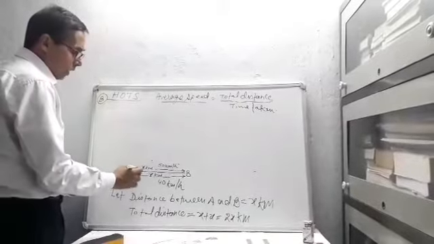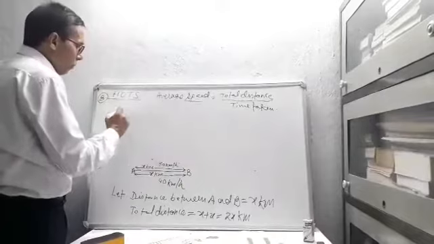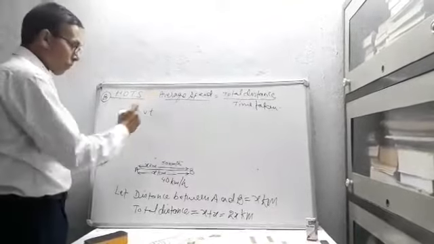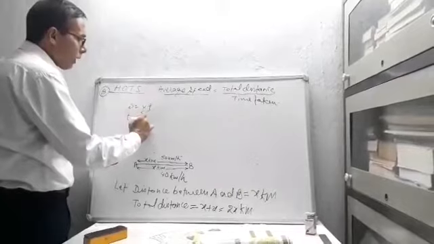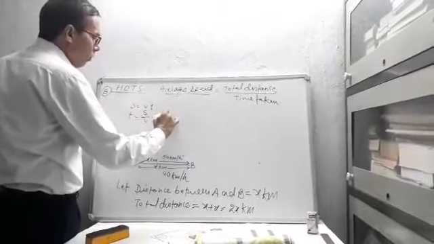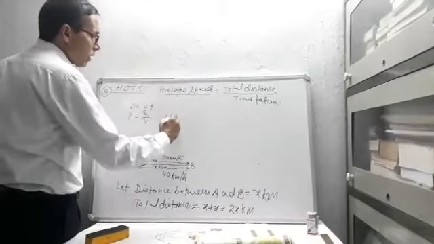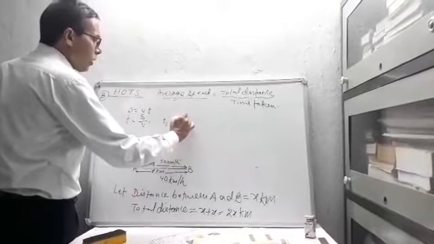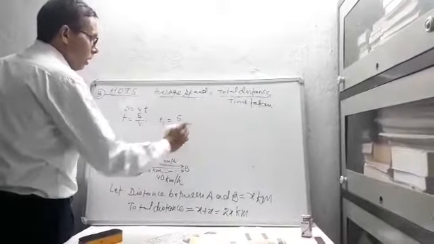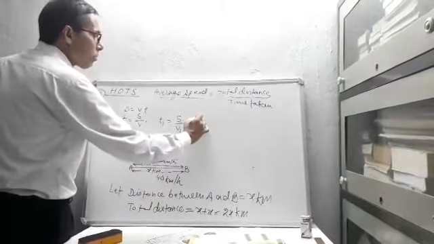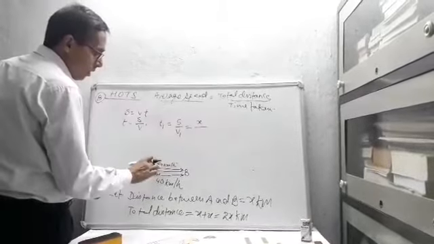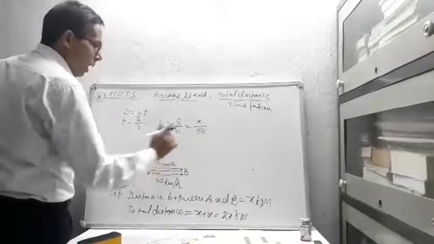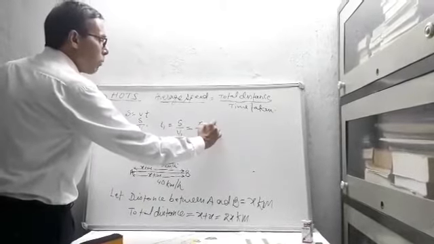First you have to find the time from A to B. All of you know the formula S is equal to Vt, so t is equal to S by V. Here we have to find the value T1, from A to B. Distance is x and speed is 50 kilometer per hour.